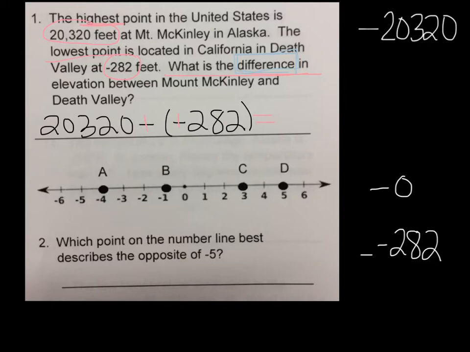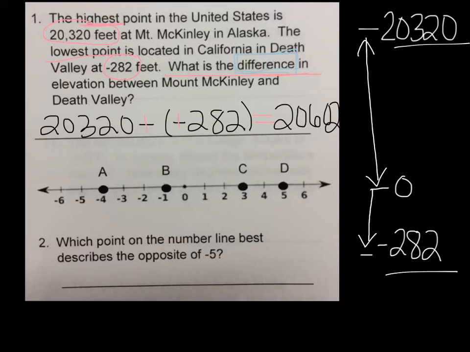The other way of thinking about that is when you are talking about absolute value. So if I had them all on a number line and I wanted to go from 20,320 feet all the way down to 0, that would of course be 20,320 feet. And then from 0 to 282 feet below, I'm just adding those two numbers together.